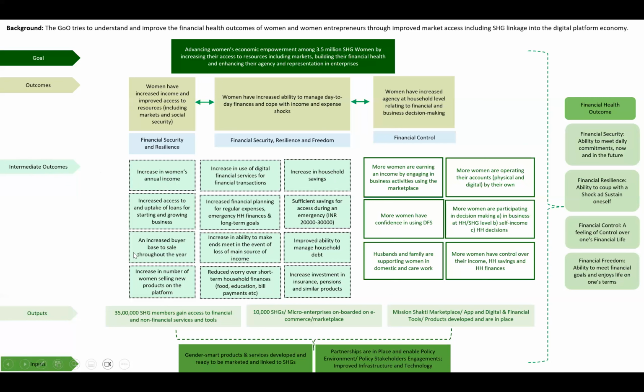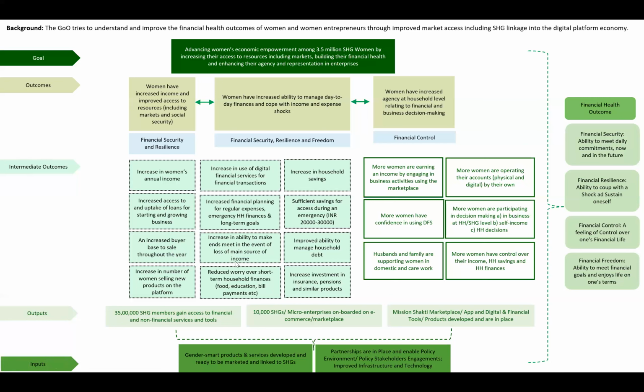That actually helps women to increase their buying capacity. That will actually increase their uptake of loans, because now you started selling more, and now you have any number of other things like financial planning. You have all other sets of access to finance and formal credit details. Now your annual income increases.